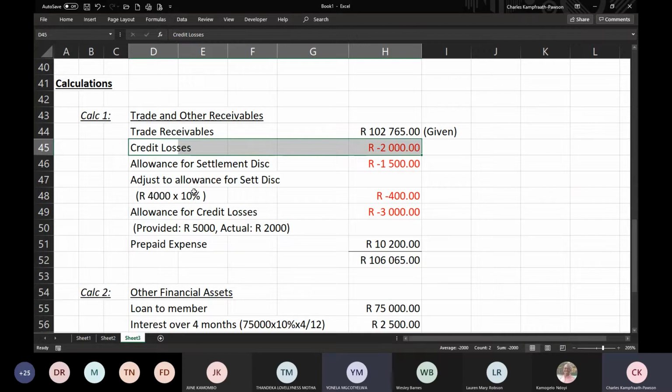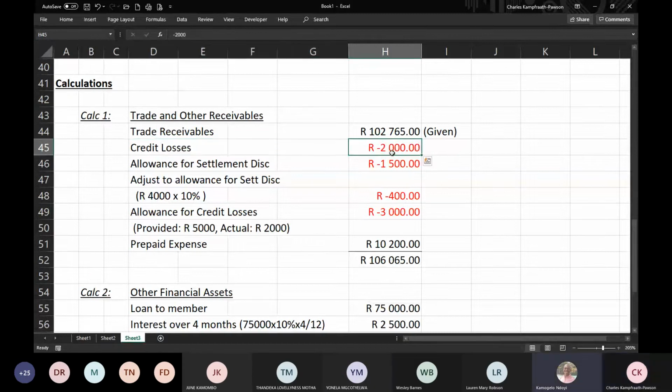Then also the allowance for credit loss adjustment. Yeah, the adjustment. So these allowance for settlement discount, because it's your sales, the other two goes to expense. 1,500 would be the sales, and then the 2,000 is the expense.